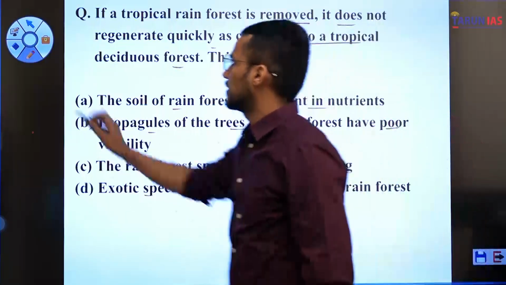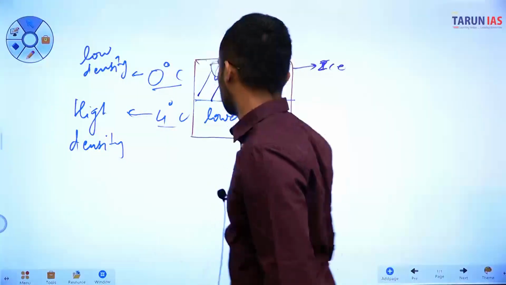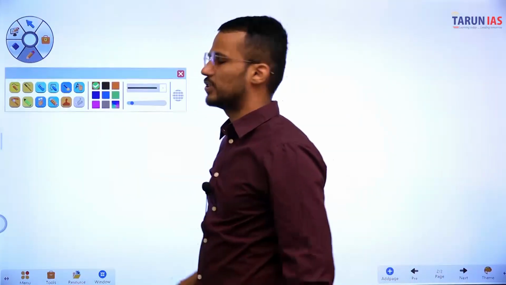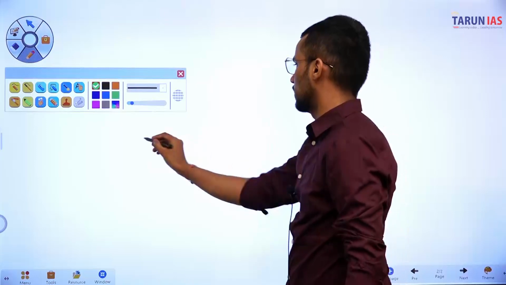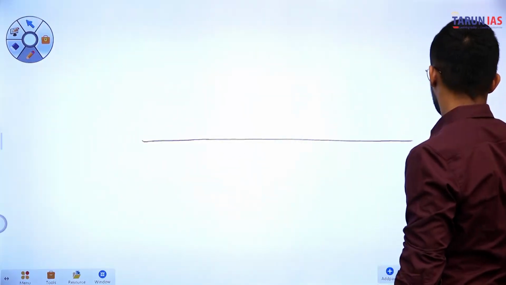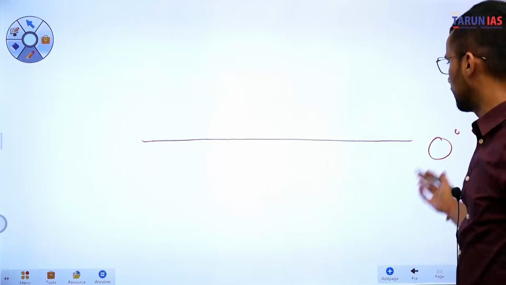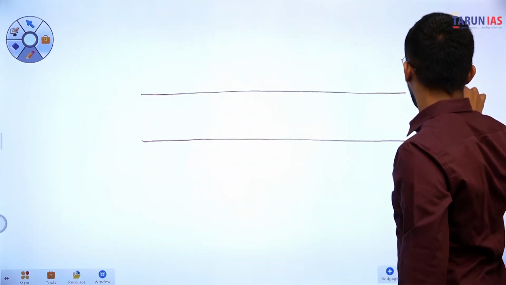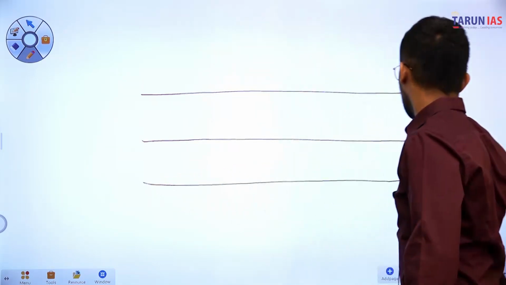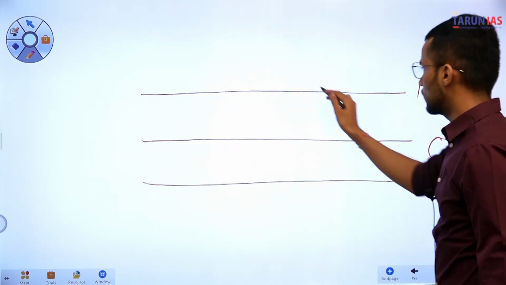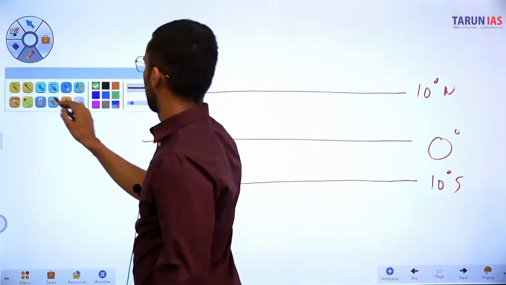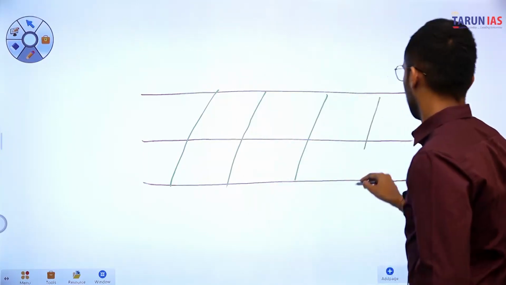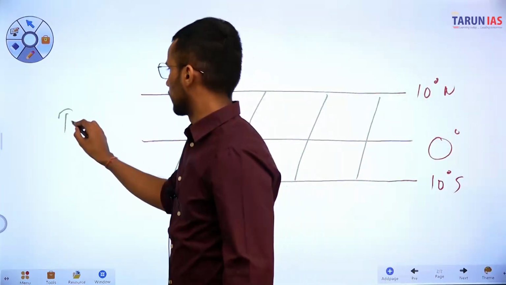Fine. So let us discuss this question. First of all, let us understand where exactly these forests are located. So suppose this is the equator, that means 0 degree. Then 10 degrees north and 10 degrees south.